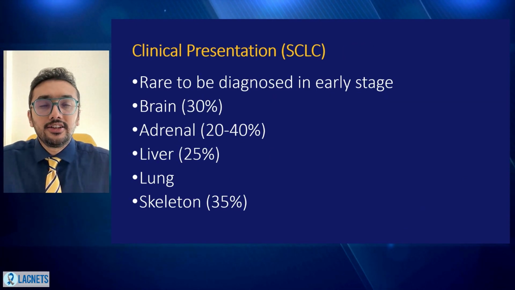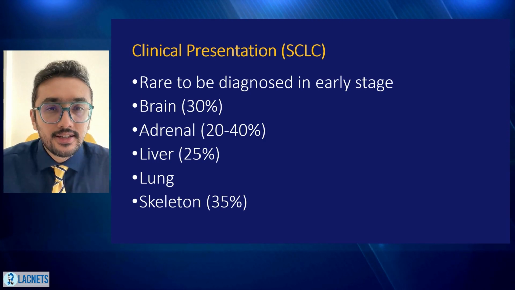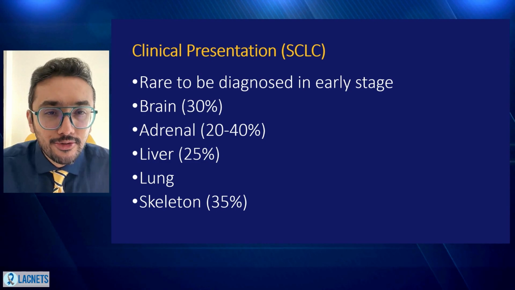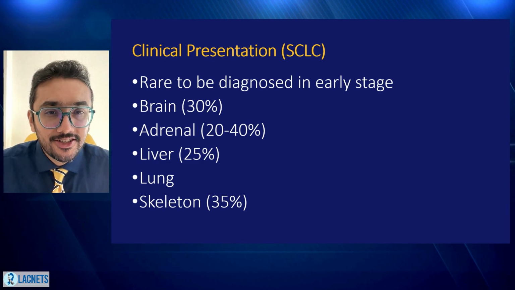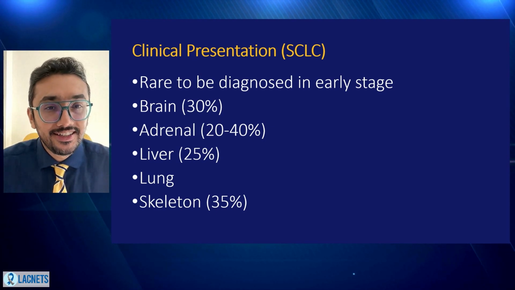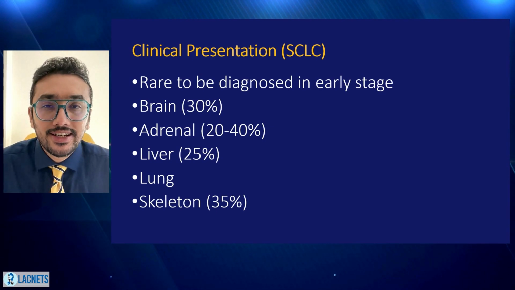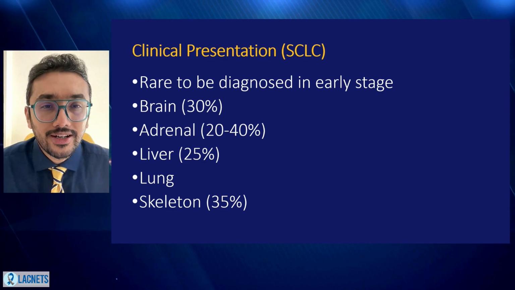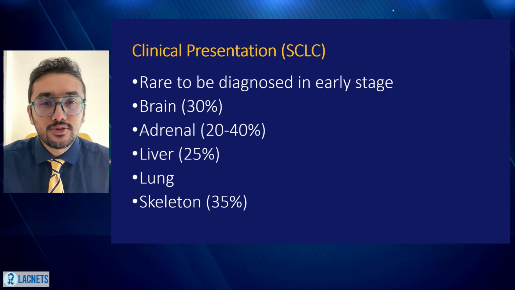How do high-grade neuroendocrine cancers of the lung present? Let's talk about small cell lung cancer first. It is extremely rare to diagnose at an early stage. Unlike neuroendocrine tumors, the typical and atypical, which we often find at early stage because they are slow growing and caught incidentally, by the time we diagnose high-grade neuroendocrine cancers like small cell lung cancer, it's oftentimes quite advanced because it grows so fast.